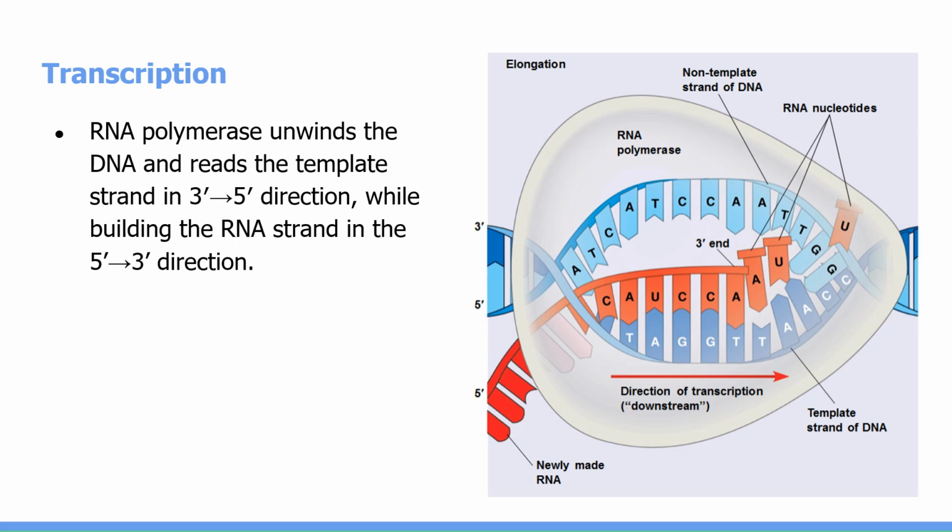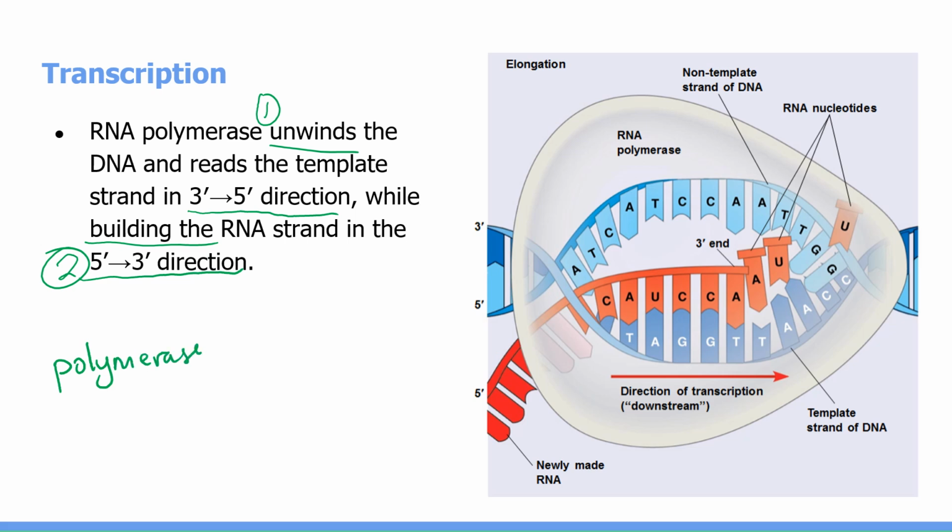As stated before, RNA polymerase has two jobs: unwinds the DNA and then builds in the 5' to 3' direction. Okay, it reads in the 3' to 5'. So we can have a general statement here, and it applies to both DNA and RNA polymerase.